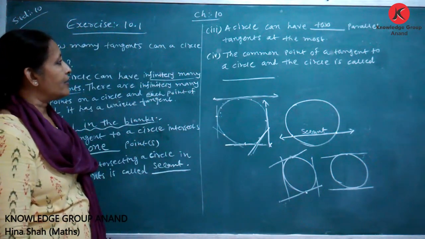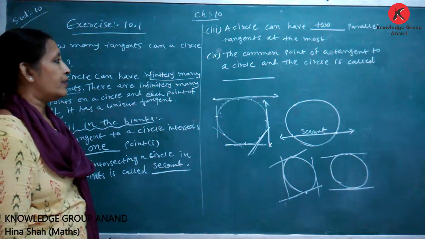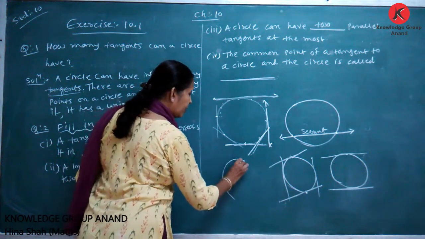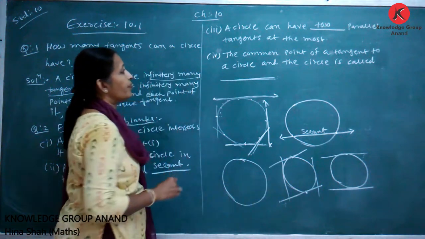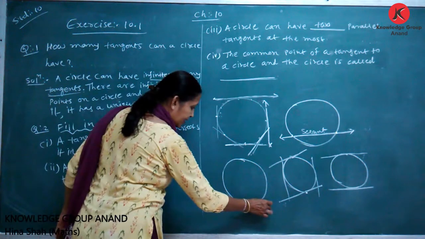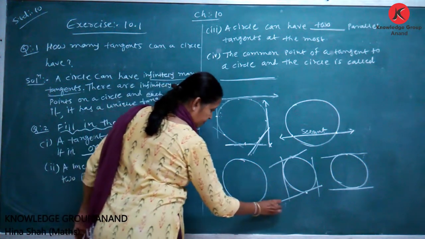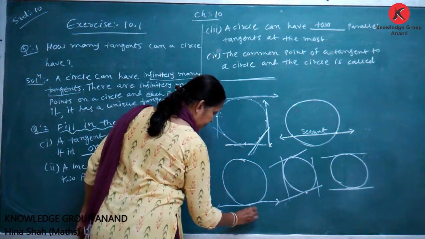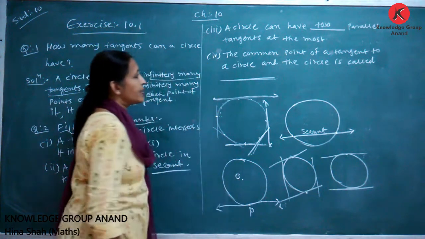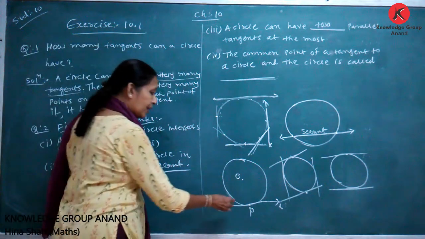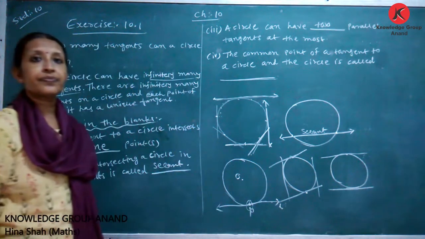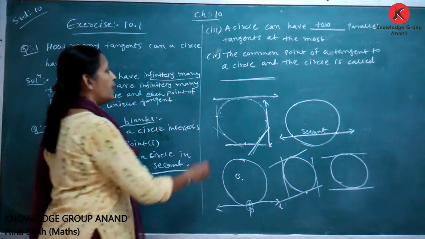The common point of a tangent to a circle and the circle is called. Here is a tangent. The common point of a tangent to a circle and the circle, this point is called the point of contact.